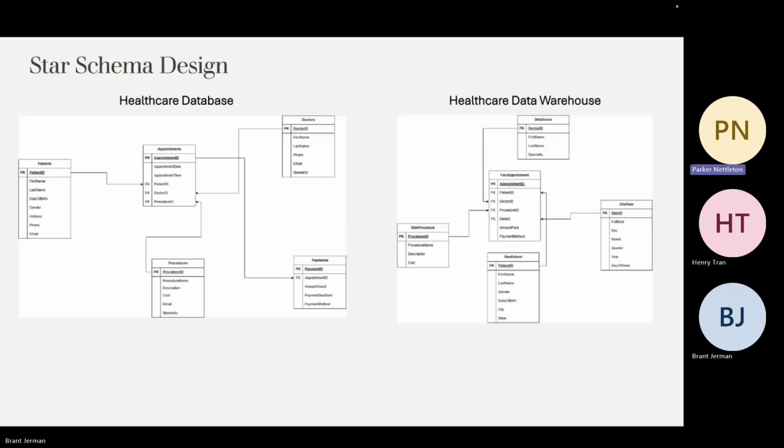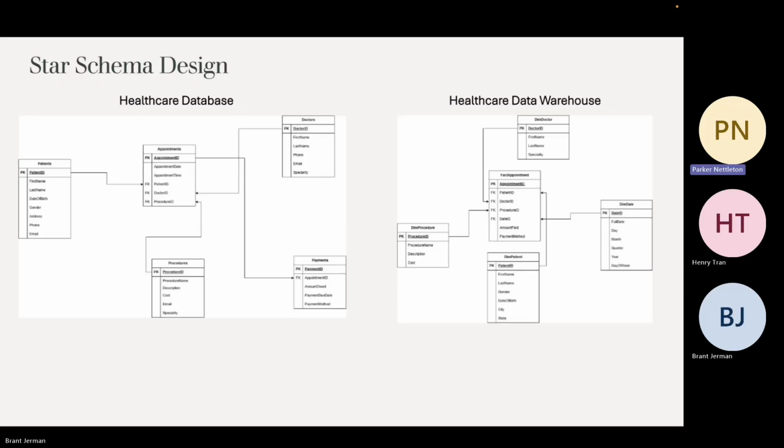Here's our star schema, as we see in the first image under the healthcare database. It starts out with the patients, who make an appointment, creating an appointment ID. This appointment ID is tied to the procedures, and the procedure is tied to the doctors that are taking care of the procedures.